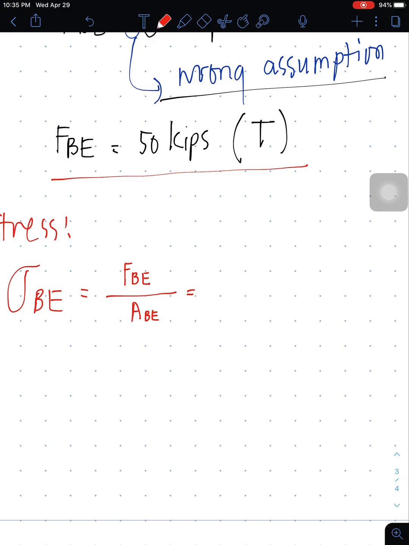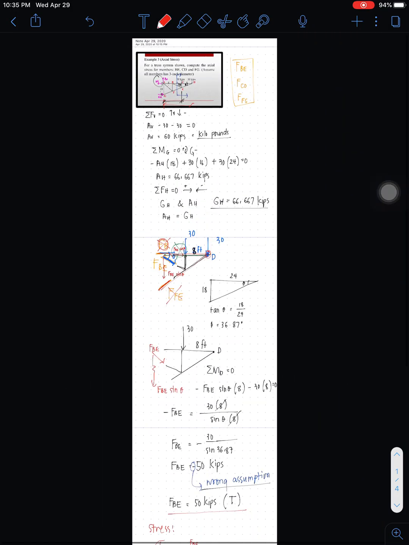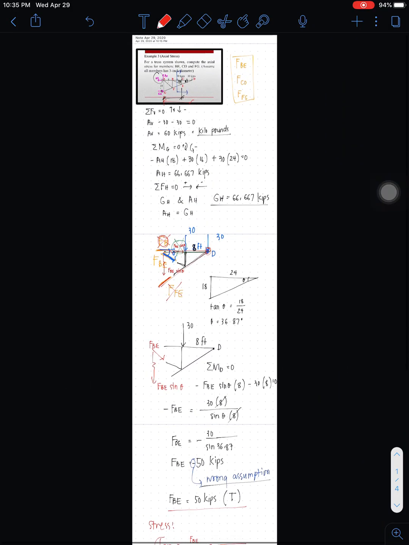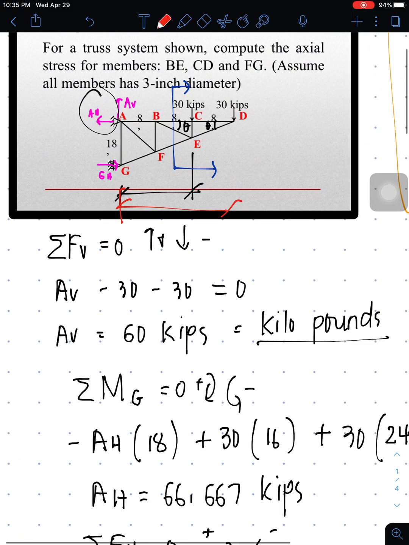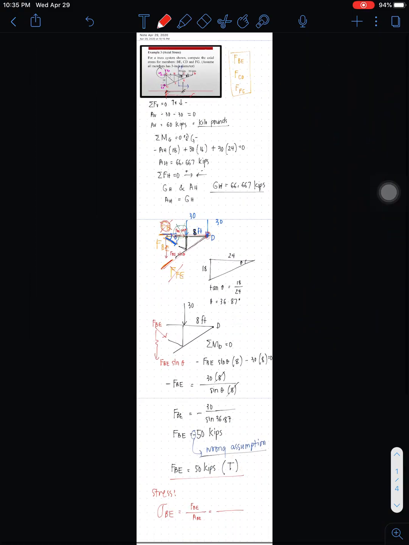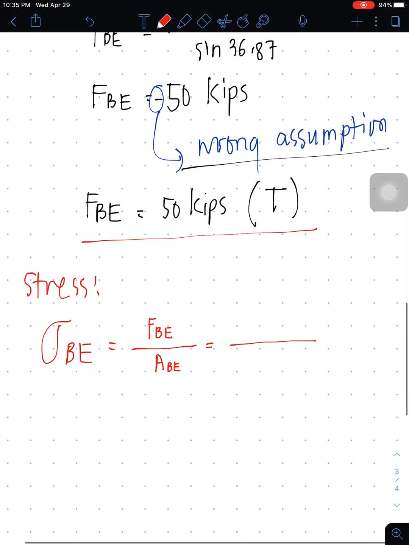But the problem says that the diameter of every section is 3-inch diameter.